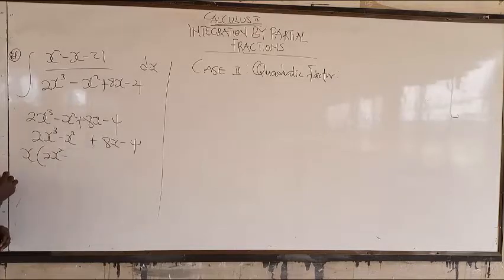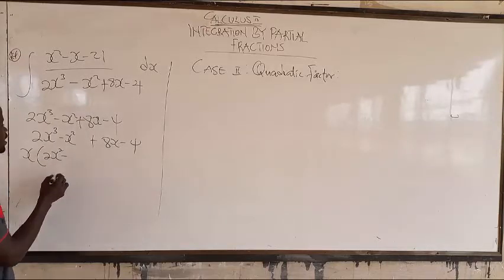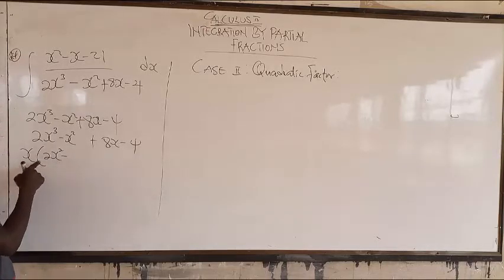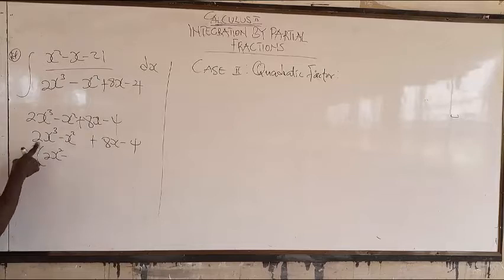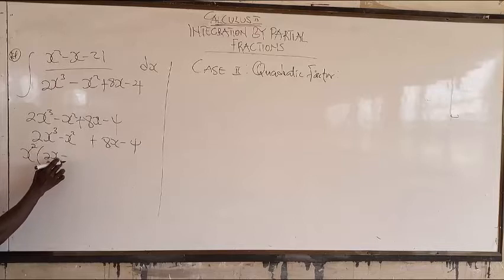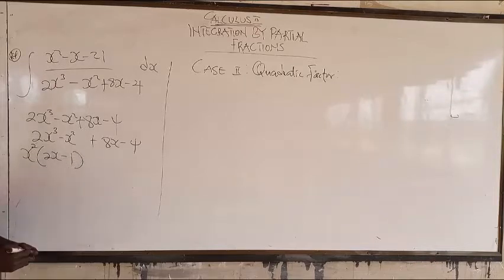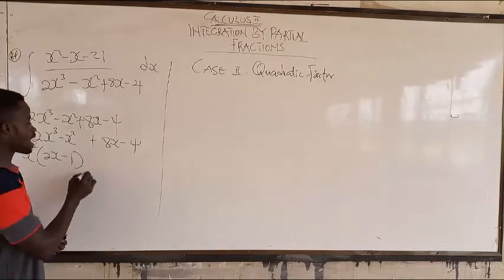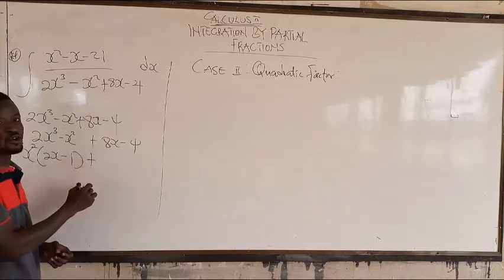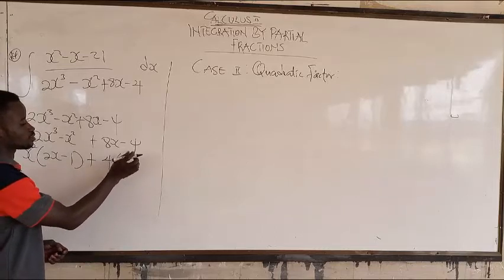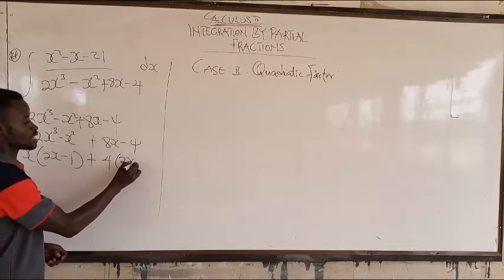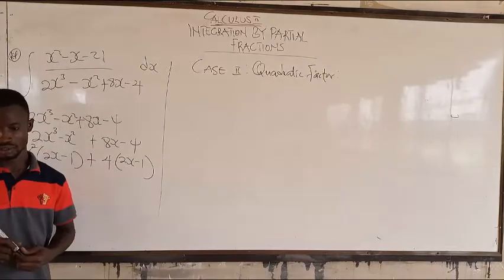We can factorize s squared out here, so we get 2s minus 1. Very good. Plus, here we can factor 4 out, so we get 2s minus 1 also there.